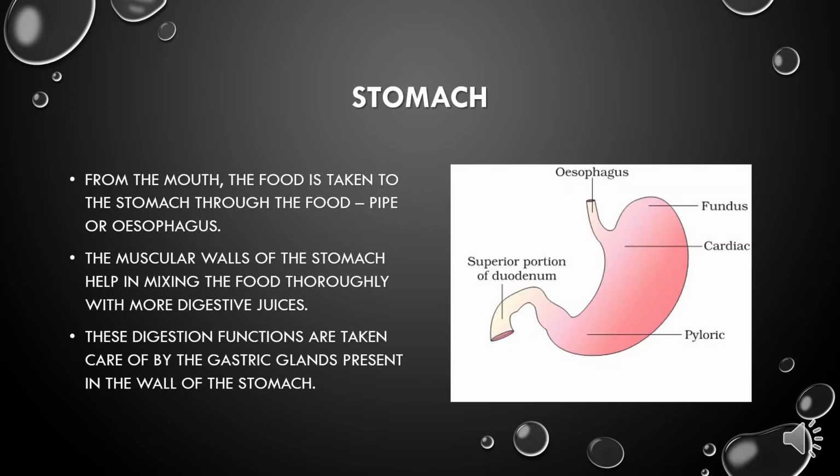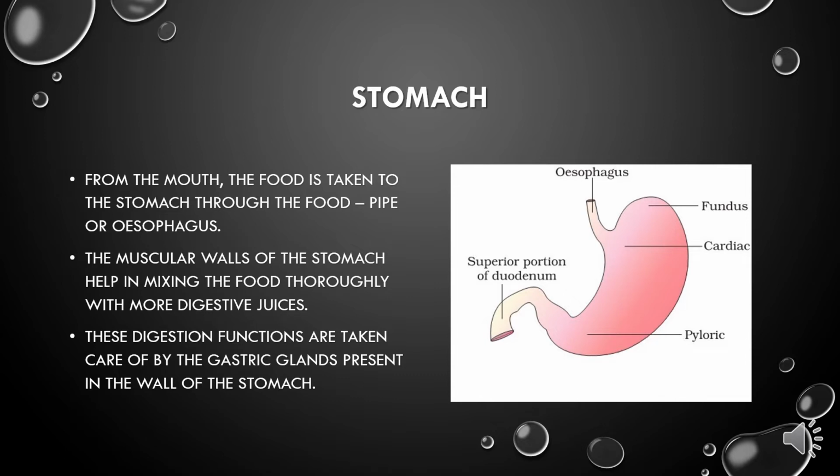Now next is the stomach. From the mouth, the food is taken to the stomach through the food pipe. We can say esophagus also. The stomach diagram you can see in the slide. The muscular walls of the stomach help in mixing the food thoroughly with more digestive juices.